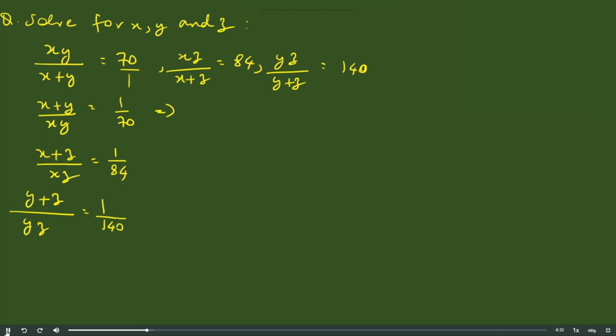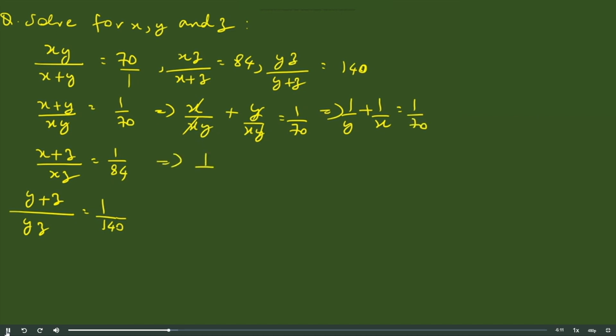This would be x by xy plus y by xy is equal to 1 by 70. This gives me 1 by y plus 1 by x is 1 by 70.